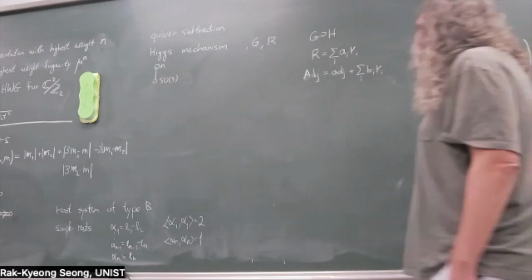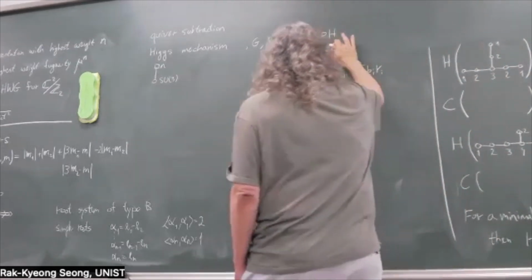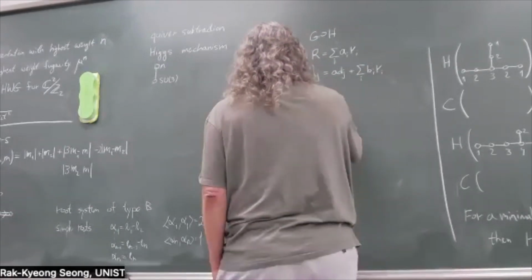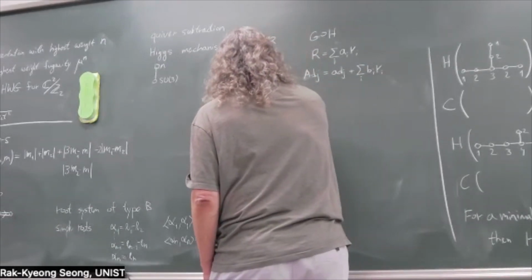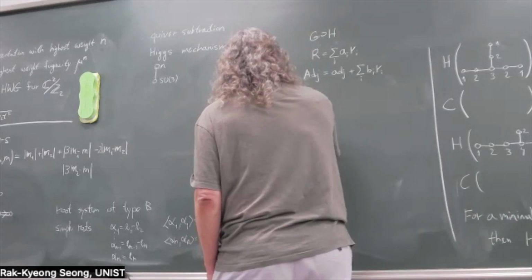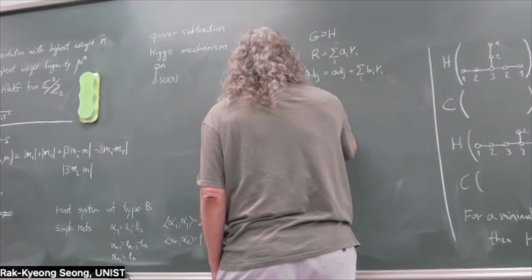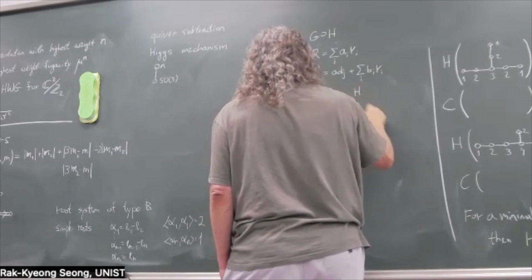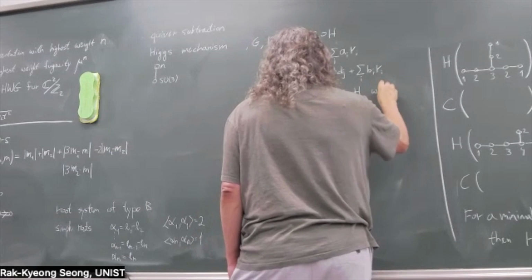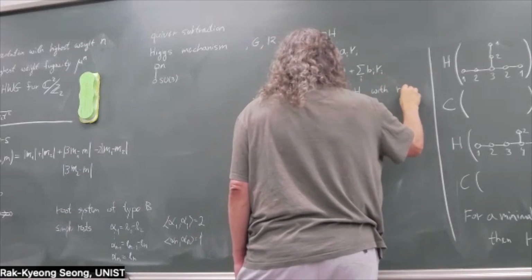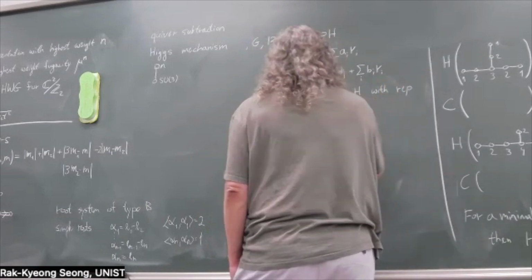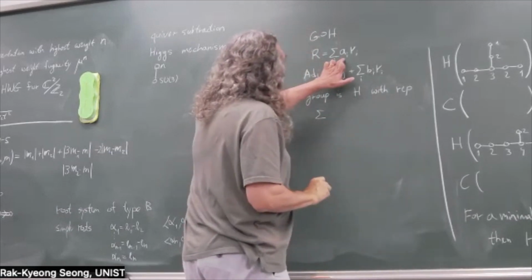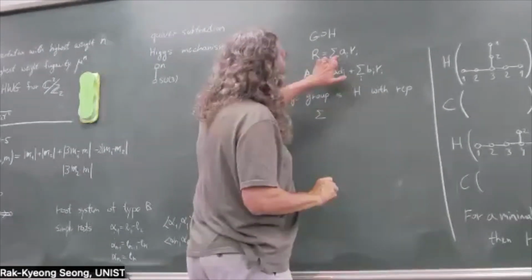Okay, so then if there is such a breaking, I will be left with the new gauge group H with representation which is a sum.